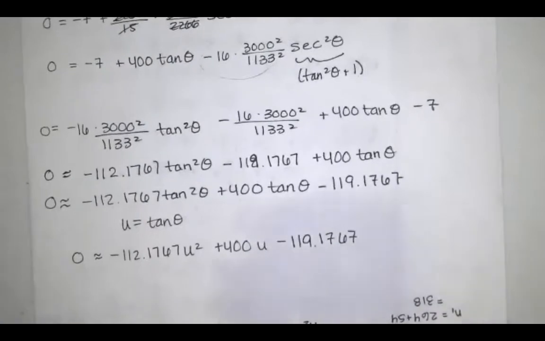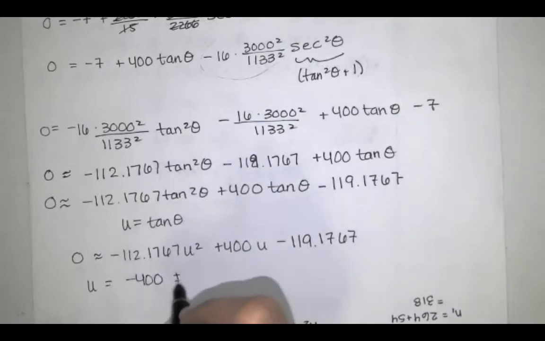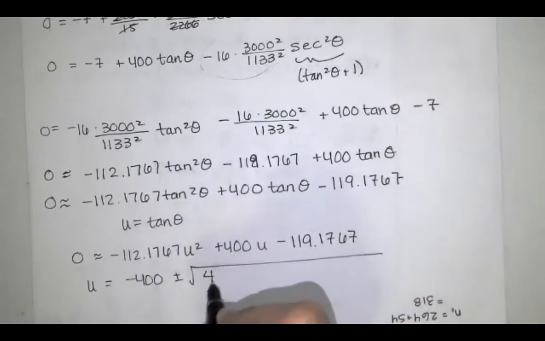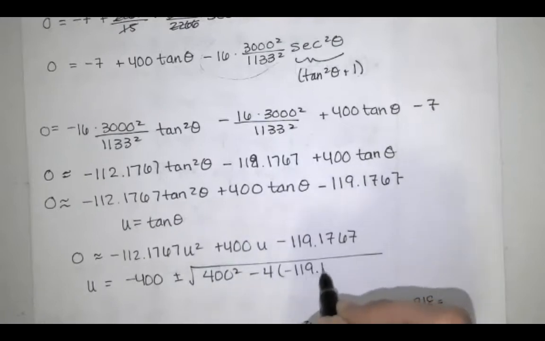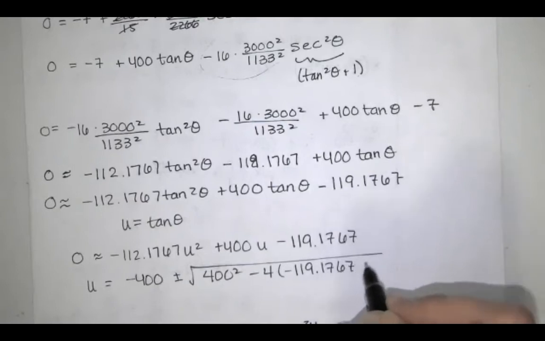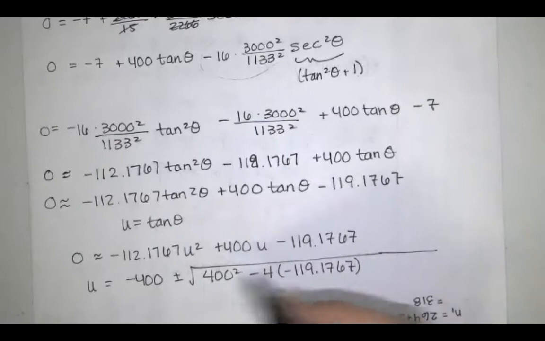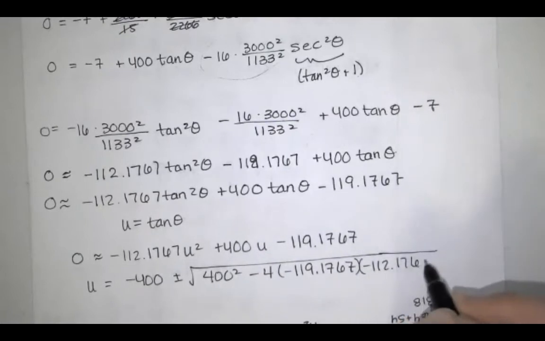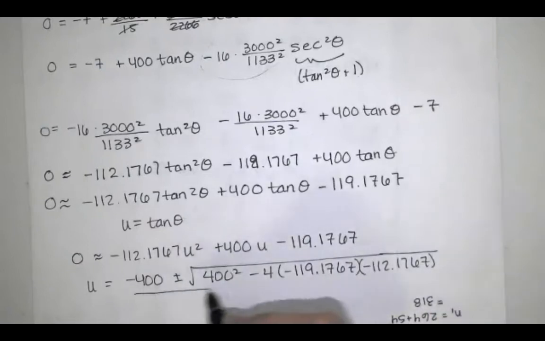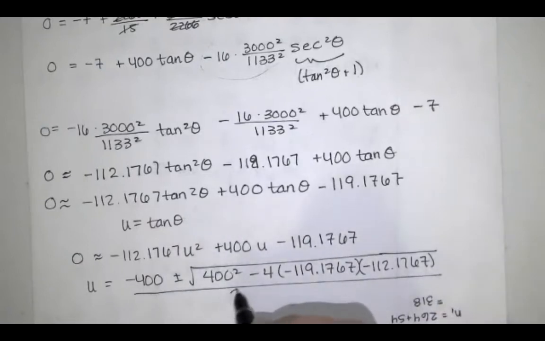That can be solved for u using the quadratic formula. So we'll say u equals negative b plus or minus the square root of b squared minus 4 times a times c. Oops, I did c times a, but that's fine. All divided by 2 times a.